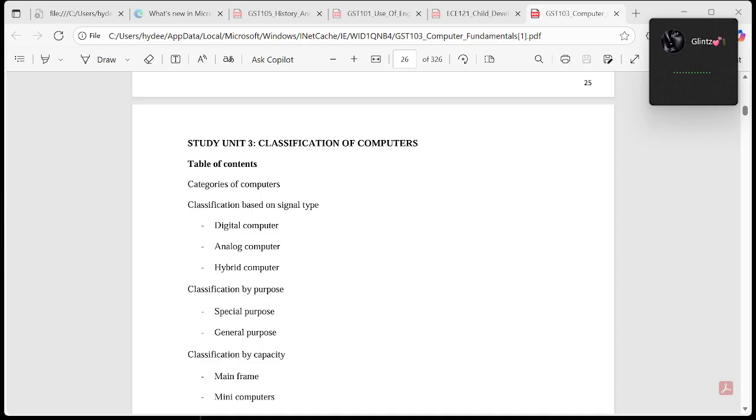In the second generation, they used magnetic cores as their memory. In the third generation, they introduced semiconductor memories, making it faster and giving more space. So the ICs integrated all those large things into a single chip, making it more portable, faster, durable, and reliable.